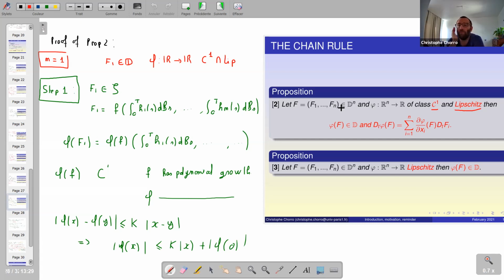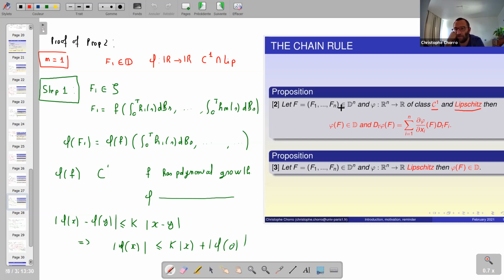If I want to do the proof, I won't do it here, but it takes two steps. First, suppose that phi is C1 and Lipschitz. Then the result is just an application of proposition 2. Step 2, suppose that phi is only Lipschitz.